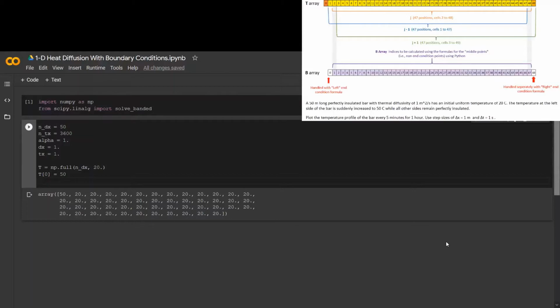So we're going to be making multiple plots, plotting the temperature with respect to a certain position. So another thing we probably should do is create our x values, right? So let's create a, how should I do this?